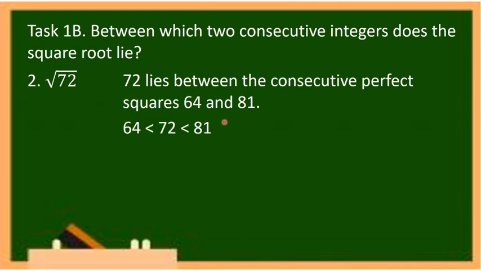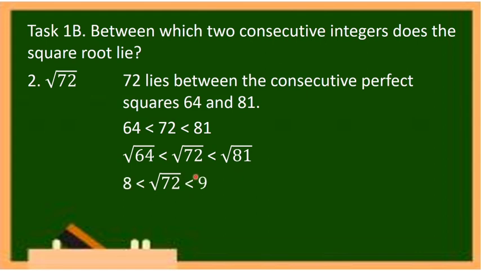So we can have this relationship that 72 is greater than 64 but less than 81. And we get the square root. So the square root of 72 is greater than the square root of 64 but less than the square root of 81. And then the square root of 72 is greater than 8 because the square root of 64 is 8, but less than 9 because the square root of 81 is 9.